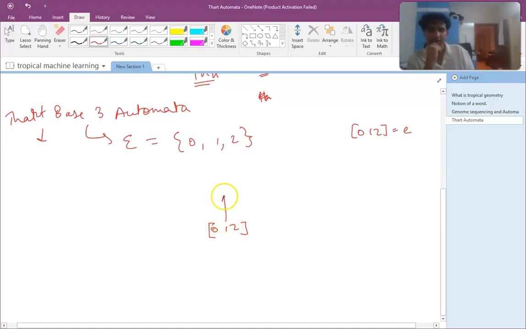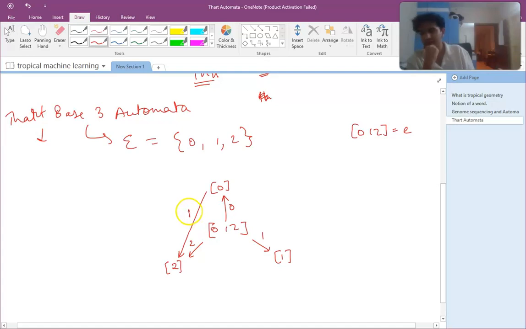Similarly, if I put a 0 over here, then I get 0. If I put a 1 over here, then I get 1. If I put a 2 over here, then I get 2. And then in between, we have this, where this takes me from... is that right?